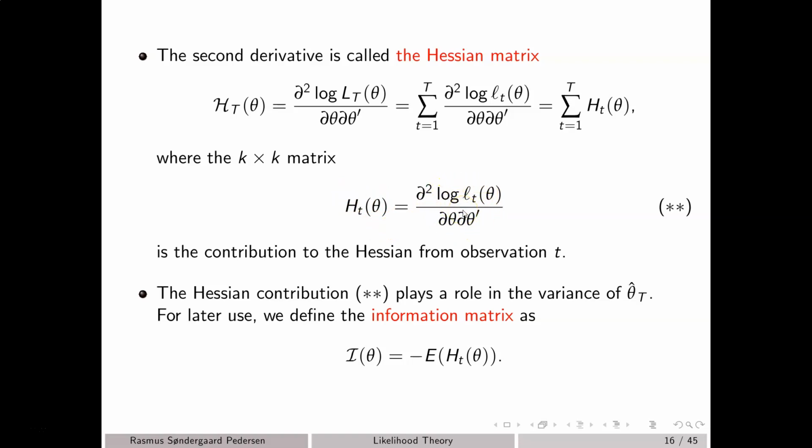What shows up is that this Hessian contribution is closely related to the variance of the maximum likelihood estimator. More specifically, we will use the so-called information matrix, which is minus the expectation of the Hessian contribution. It shows up that this information matrix is directly related to the asymptotic variance of the maximum likelihood estimator.